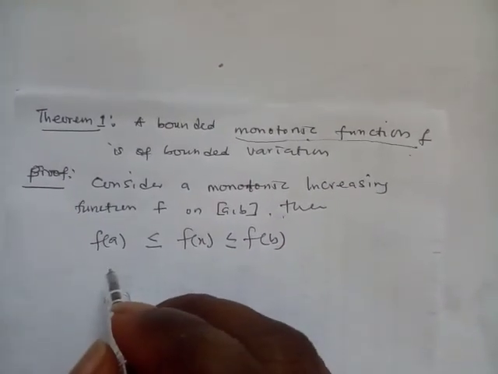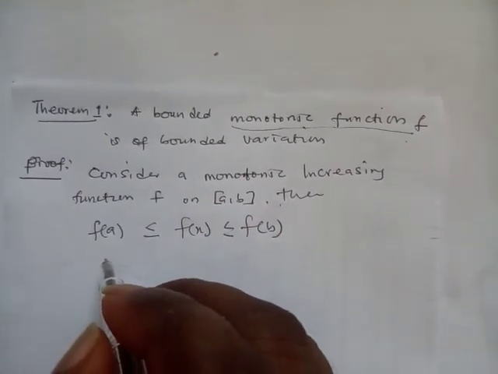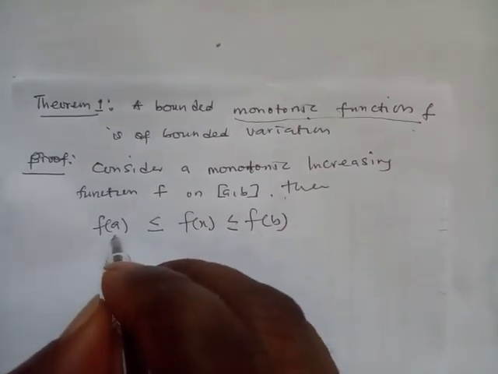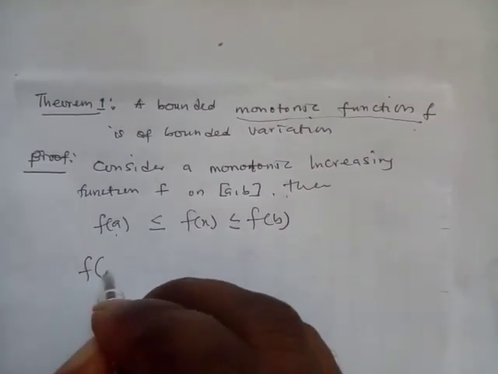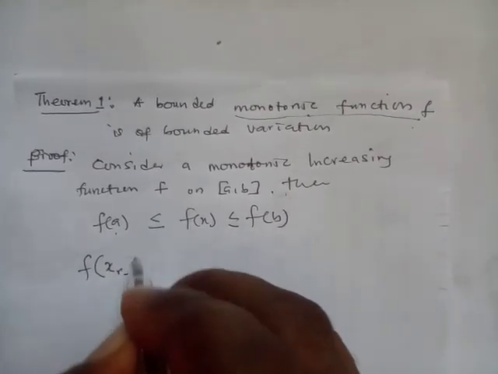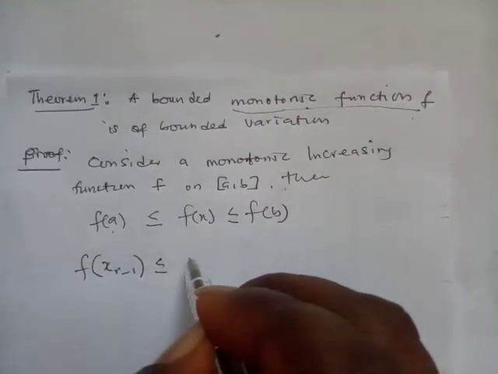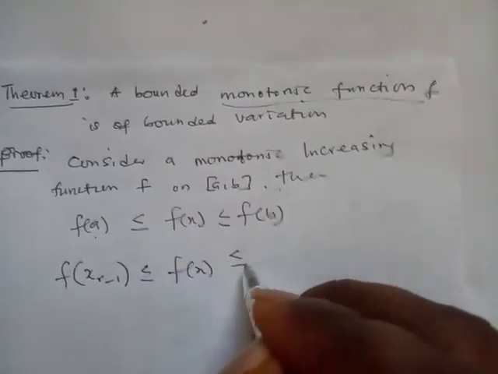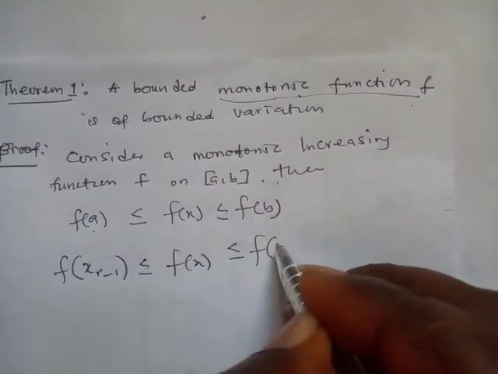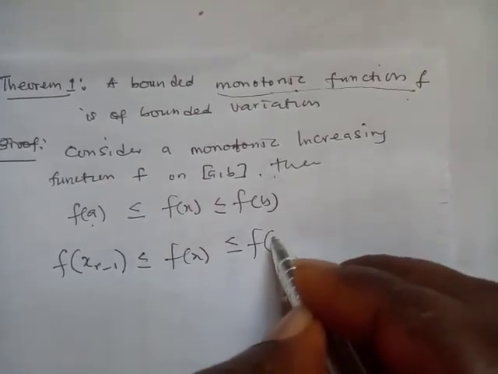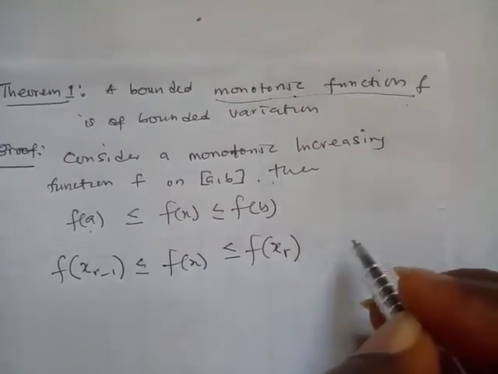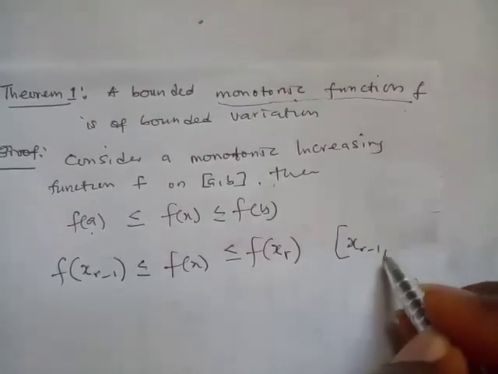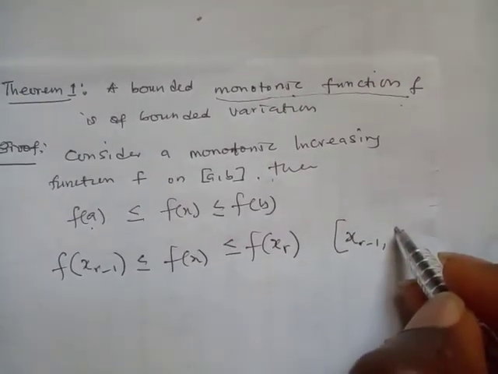Which I can just write in another form: f of x sub r minus 1 is less than or equal to f of x is less than or equal to f of x sub r. So that is, instead of a, b, we are considering this, because we want to put it in summation form.